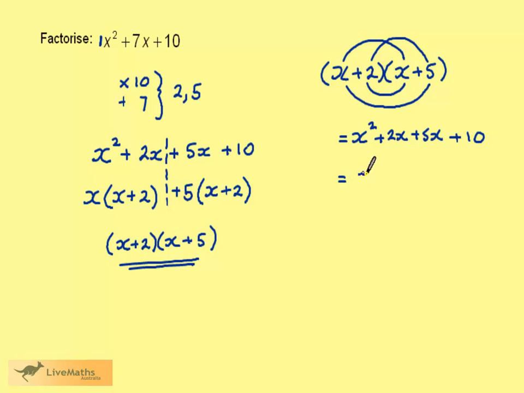When expanding, we'd normally simplify this to x squared plus 7x plus 10. Note how this is the same as the original question here. But also look at this line and this line and see that they are also the same. So finding the numbers 2 and 5 and using them to split the 7 produces the middle line of the expansion.